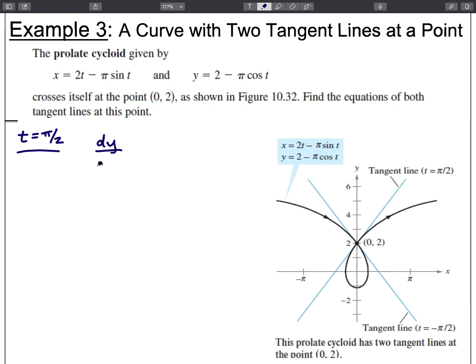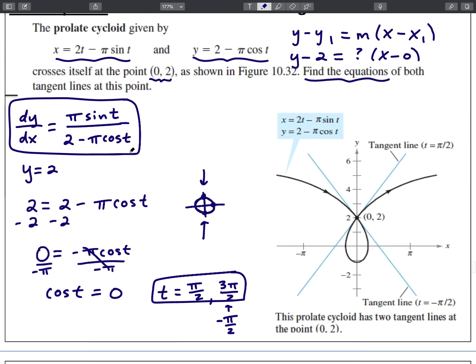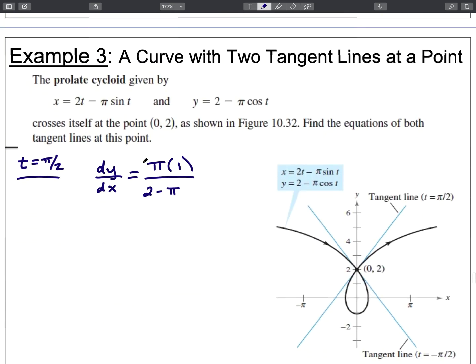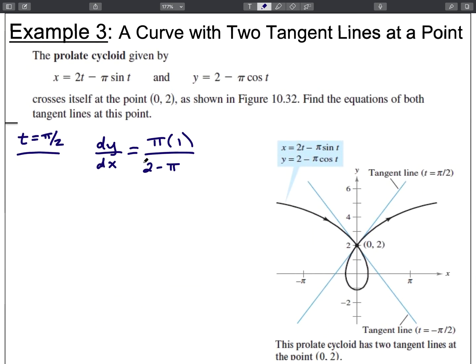If we find sine at pi over 2, I would hope you'd agree that that's going to be 1. So I'd have pi times 1 all over 2 minus pi times cosine at pi over 2. Cosine at pi over 2 is 0, so we multiply by 0 and we're going to be left with pi over 2.